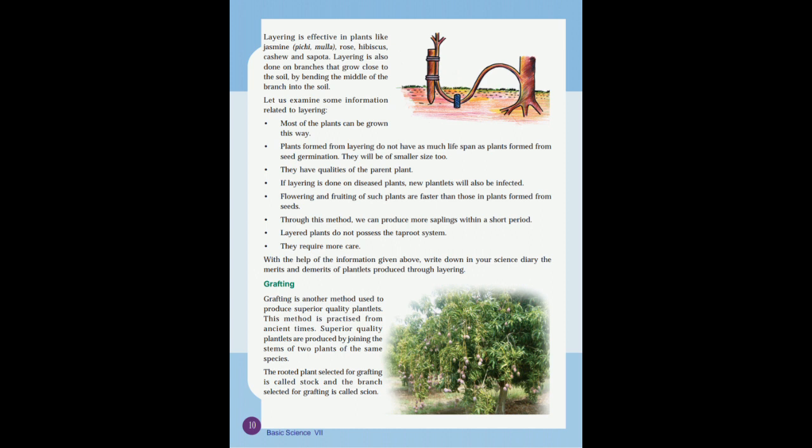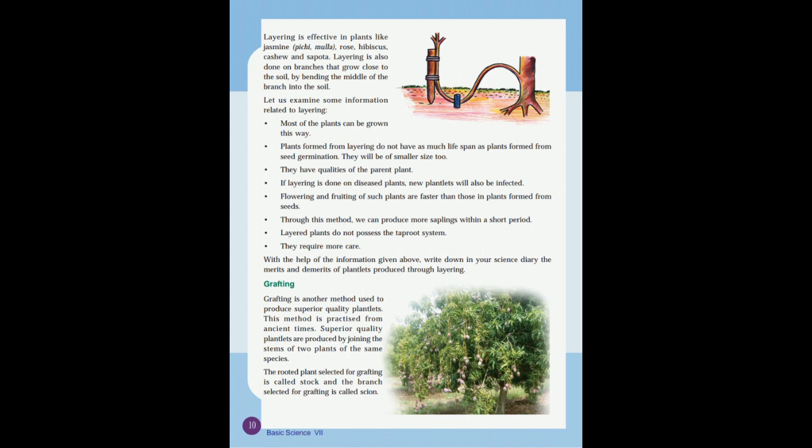In this method, for example, there is a plant that gives very good mangoes, very tasty, very ripe and very big, but only produces a few fruits. And there is another tree which produces a lot of fruits, but they are not at all tasty nor good looking.